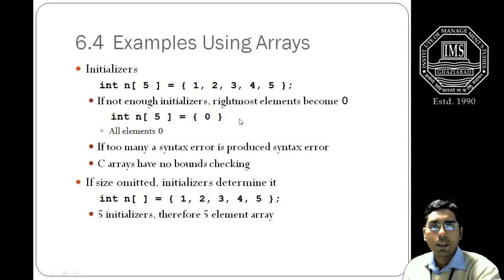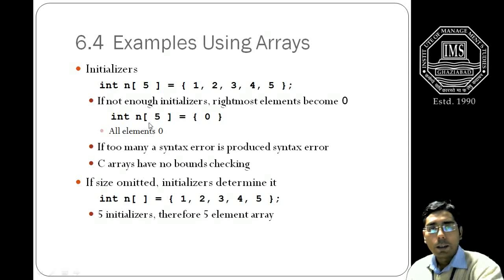If there are not enough initializers, for example here I have declared int n of 5 elements, and within the curly braces I have initialized only 0, then this 0 will be initialized for all the 5 members.